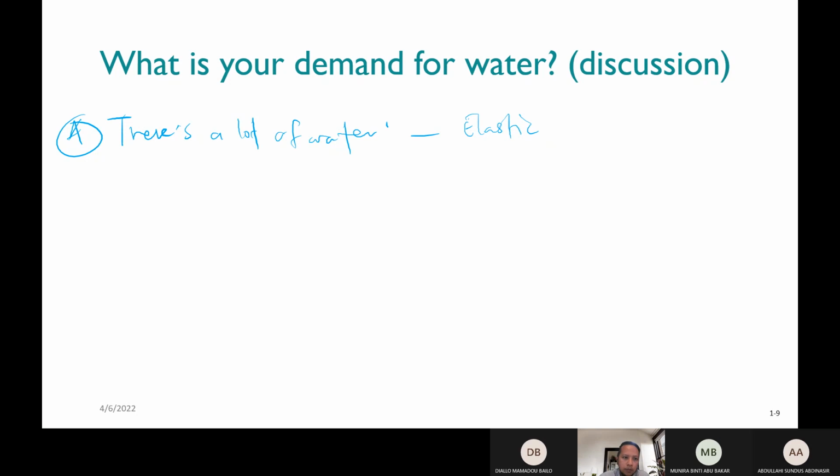But in situation B, when water is scarce and you are stranded in a desert, say you are without water for 2 days, and someone offers you a bottle of water but you have to pay 1 million.